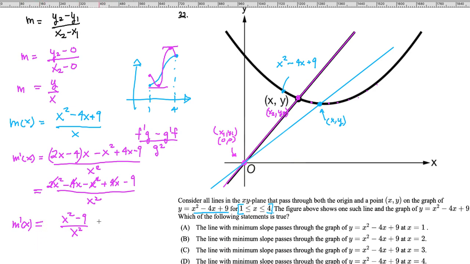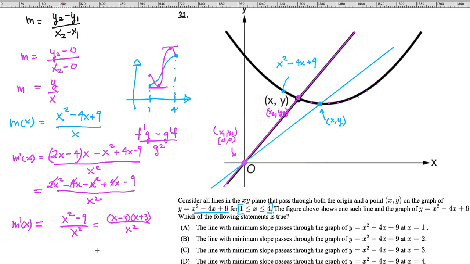But we should see that the numerator factors as x minus 3 times x plus 3, and then this over x squared. The parts that are going to make this derivative equal 0 are going to be when x equals 3 and when x equals negative 3. So the only critical value in the interval that I care about is when x equals 3.